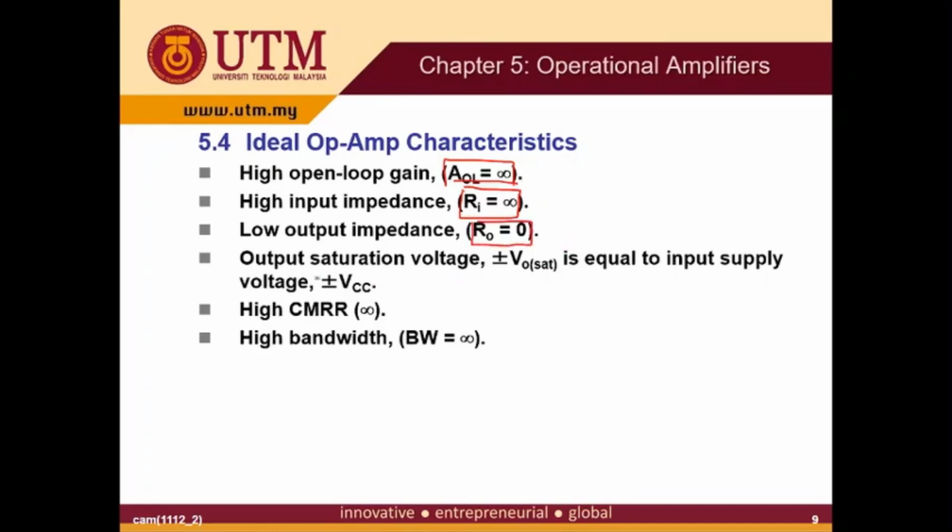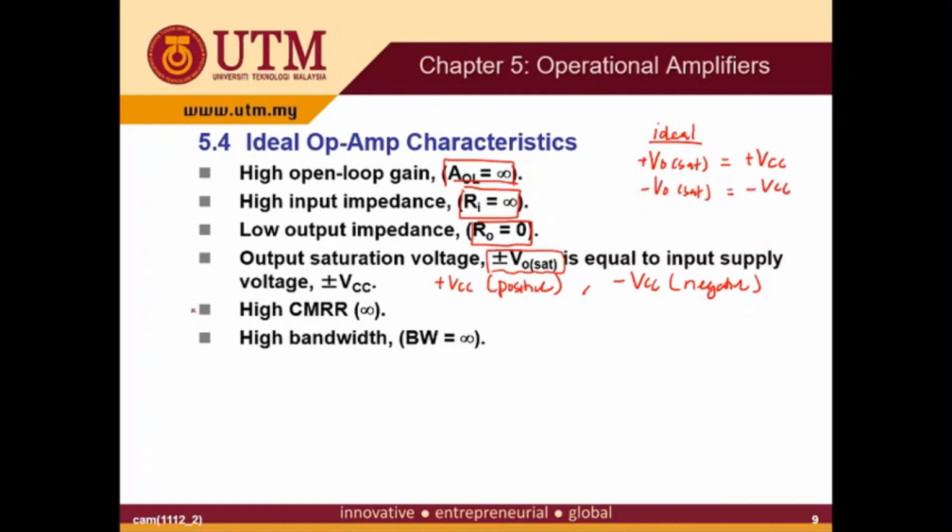For the ideal op-amp, saturation will happen at plus VCC, which is positive saturation, or negative VCC, which is negative saturation. This output saturation voltage is sometimes denoted as V out saturation. So in the ideal case, V out saturation is equal to plus VCC, and minus V out saturation is equal to minus VCC.